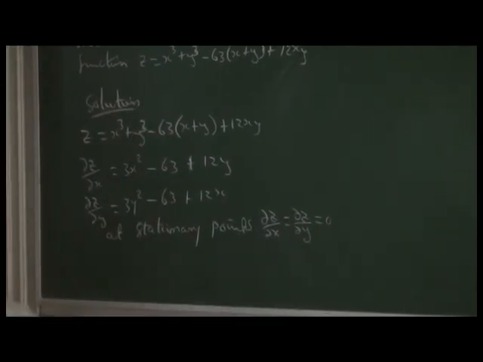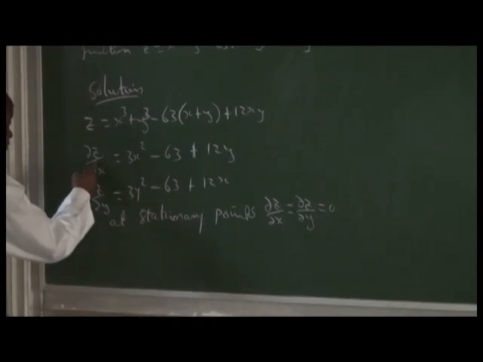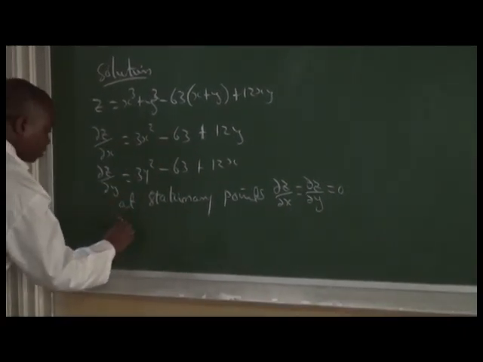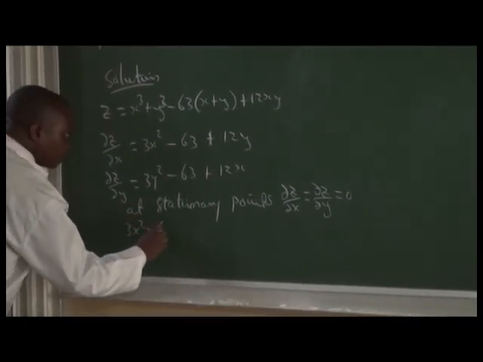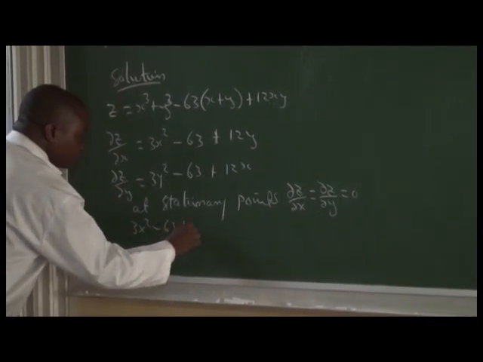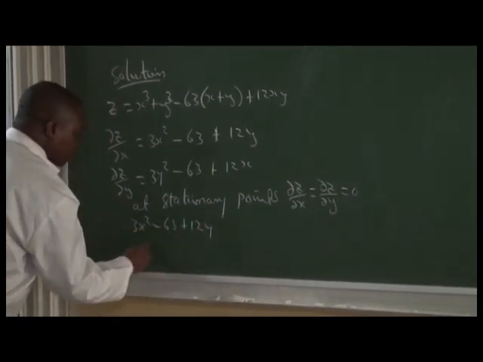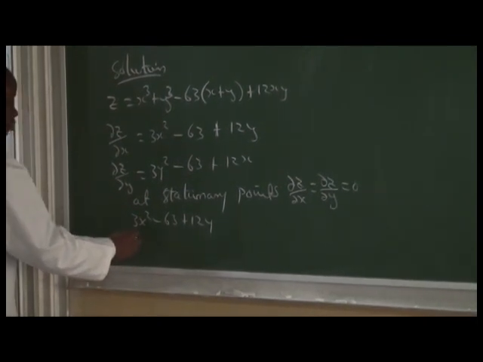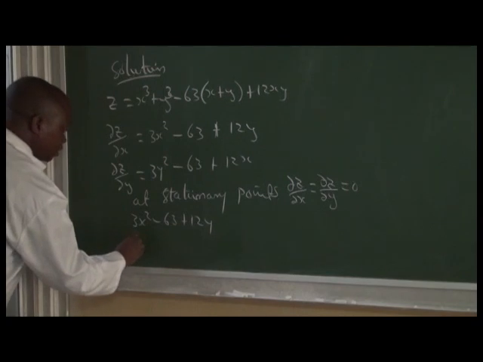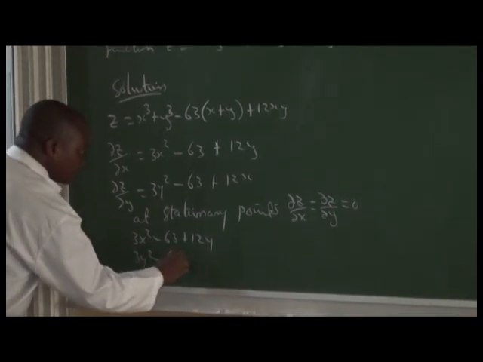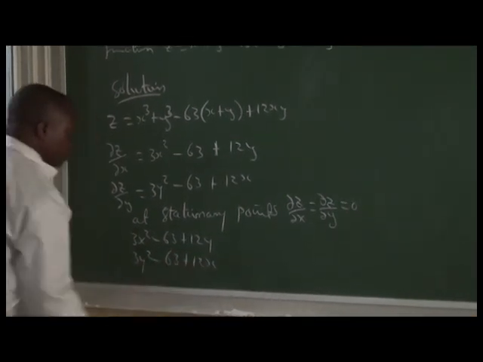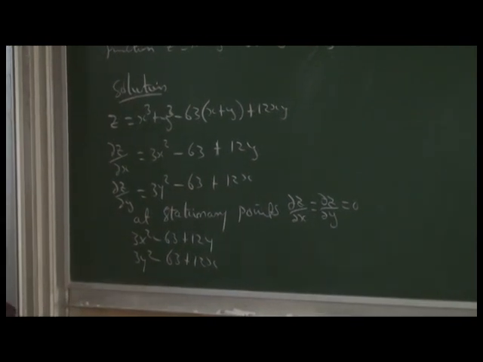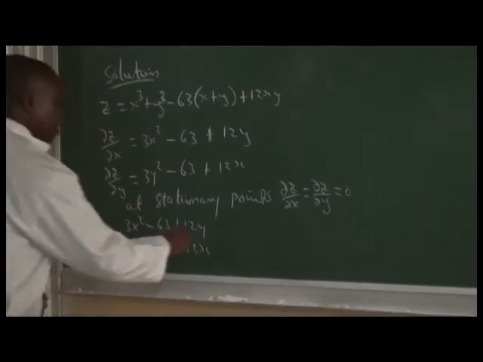So this equation becomes 3x squared minus 63 plus 12y, and this one also becomes 3y squared minus 63 plus 12x, equals 0.